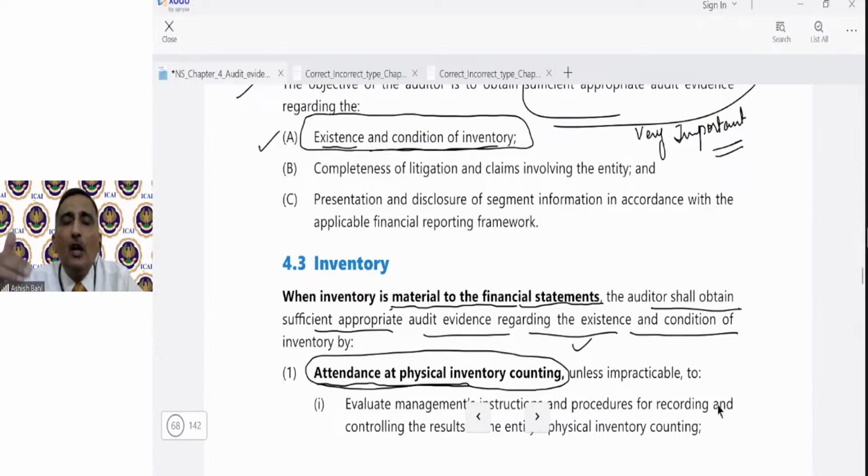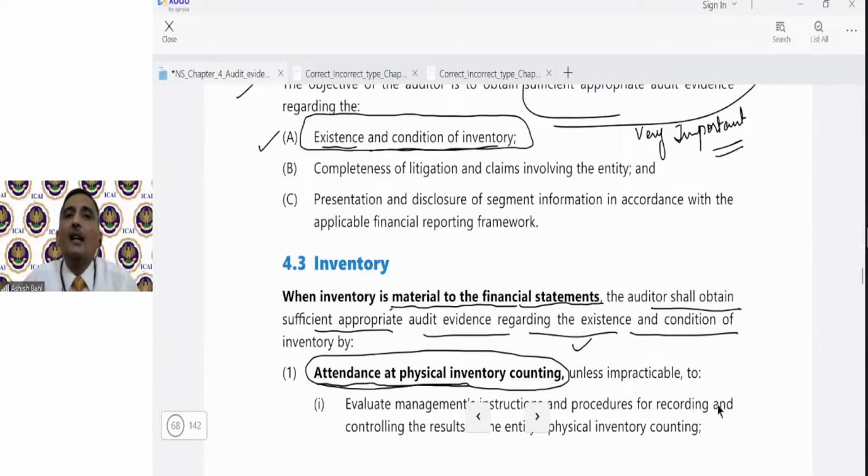So what are your duties as an auditor? Your duty is to attend that process, that event, and to see how things are being performed. First of all, you would be observing the management's instructions for carrying out the physical count process.